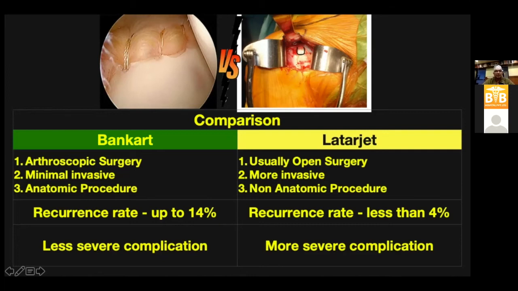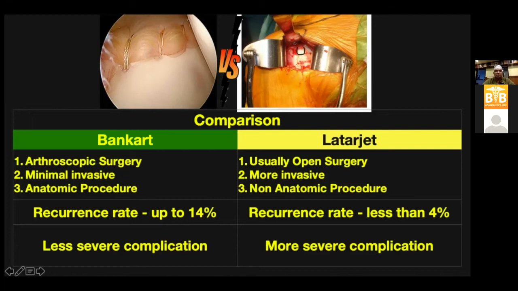But if you see the recurrence rate of Bankart repair, it is up to 14% in the various literature. If you compare with the recurrence rate of Latarjet, it is only 4%. So the recurrence rate after the Latarjet procedure is only 4% compared to 14% in arthroscopic Bankart repair. It seems that the concept is tilted more towards the Latarjet procedure.